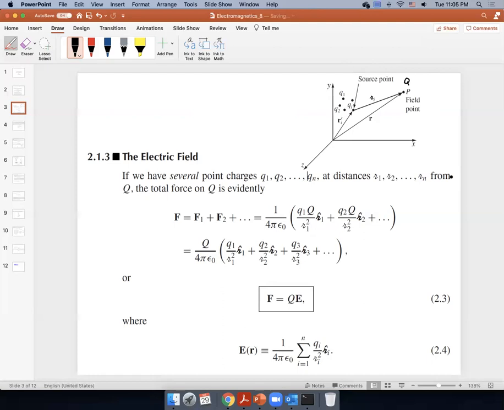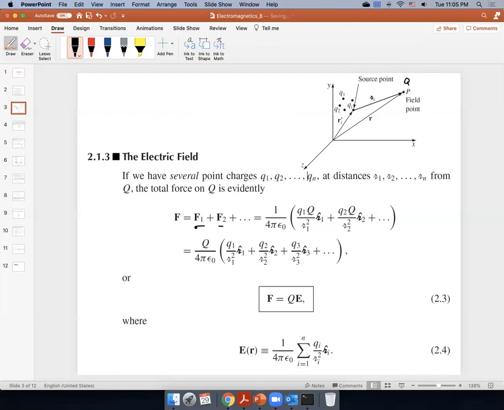And we know how to find a net force. You can calculate a net force by the vector sum of all the forces acting on the object. Now, if you have F1 acting on the test charge Q, F2 acting on test charge Q, until Fn acting on the test charge Q, then you can sum up all the forces F1, F2 until Fi from the source charges.